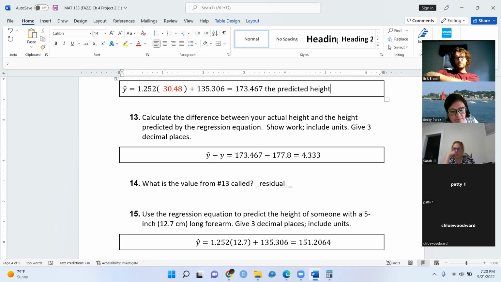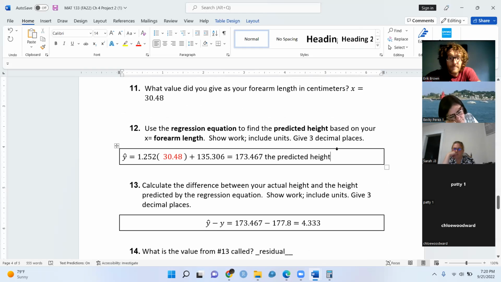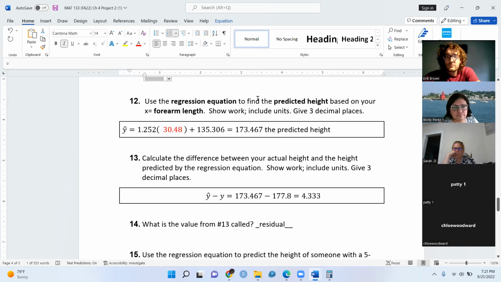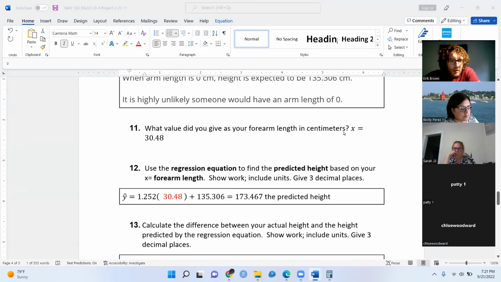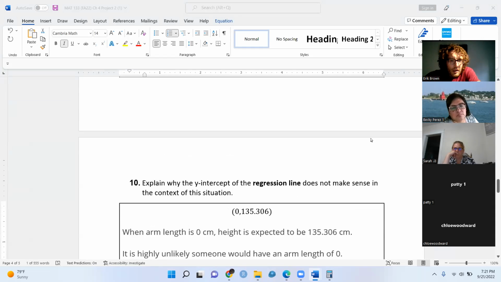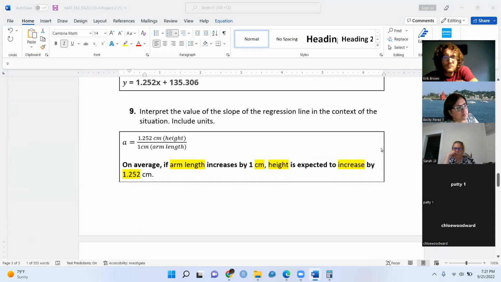Oh, we just got that from number 12, the 173. That's right. And we got the 173 from our measurement of our forearm. Okay. Number 9. Here we go.